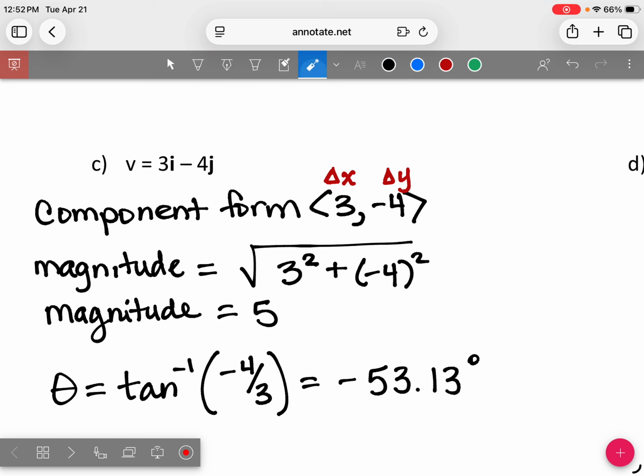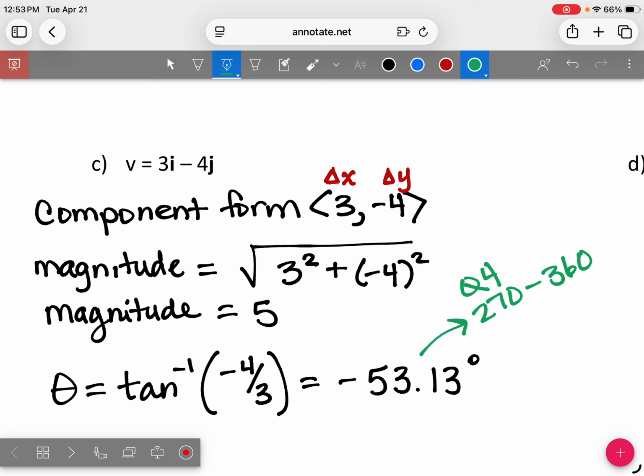Okay, what quadrant? Show me with your fingers. What quadrant is this? Positive X, negative Y. Yeah, quadrant 4, which means I need this to fall between 270 and 360 because this is in Q4. So what do you think I'm adding to that? It's either 180 or 360.